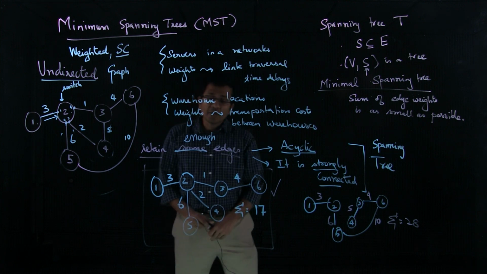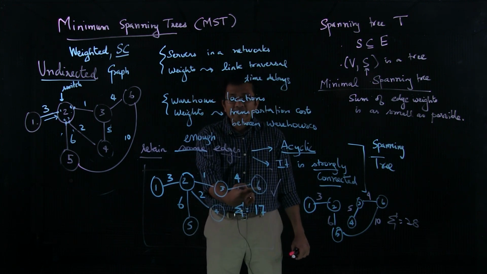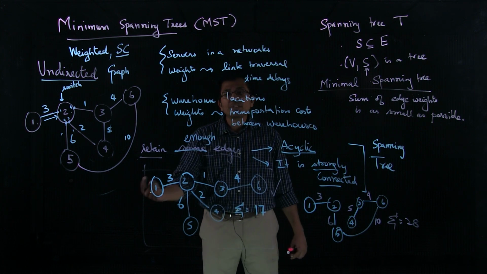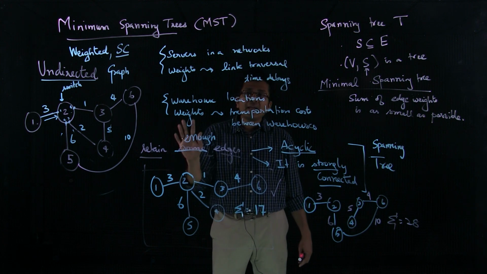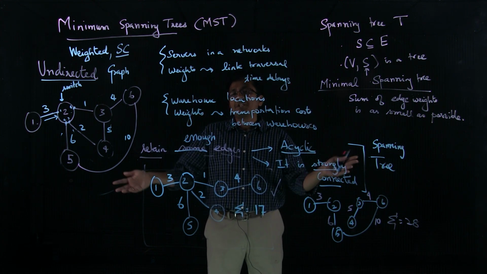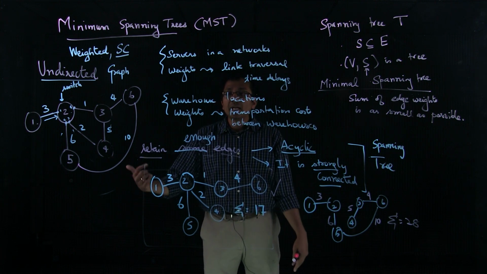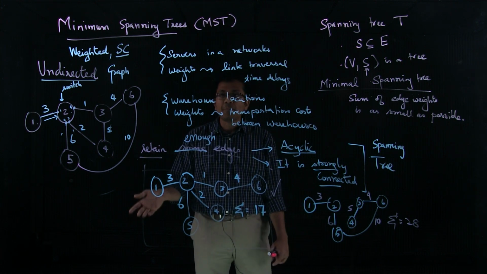If I route along this minimum spanning tree, and let me say that every source-destination pair is equally likely, then in the end I end up with the best possible average time. On the average, I will end up paying the least amount of time possible, because time here is money.